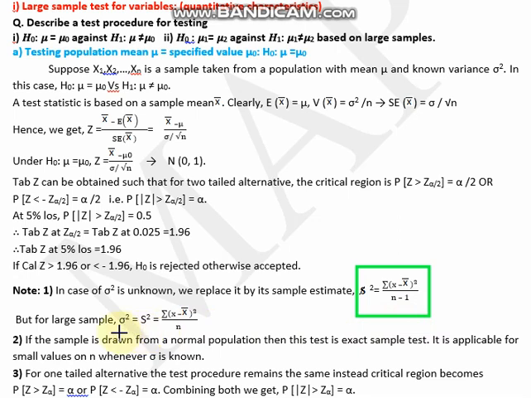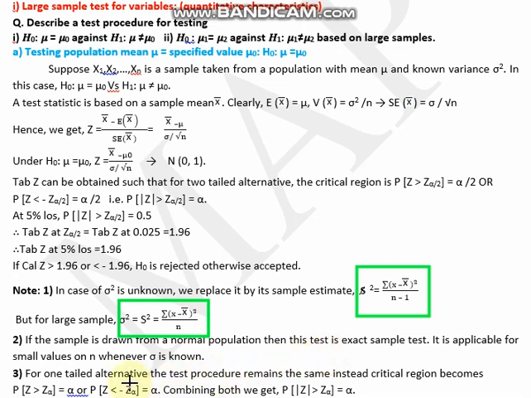And for large samples, that is taken as the sample variance, summation x minus x bar square divided by n. And if the sample is drawn from a population, that means if I know that my parent population is normal, then that becomes an exact test. It is applicable for small values of n, whenever sigma is known.